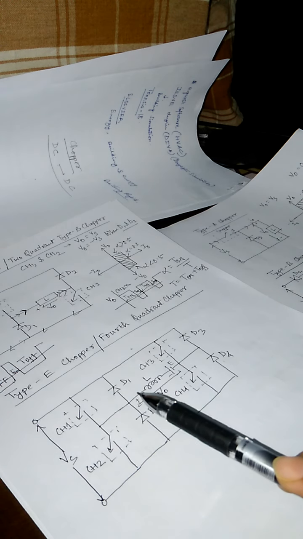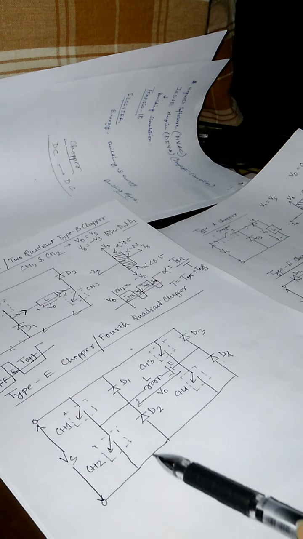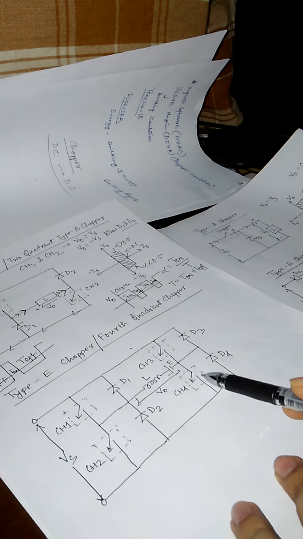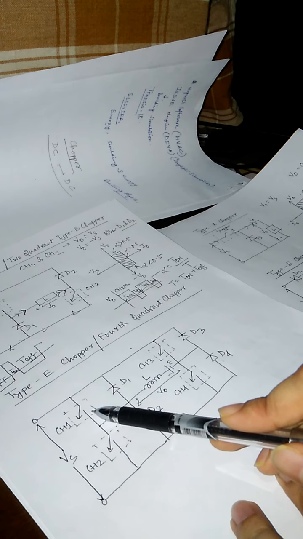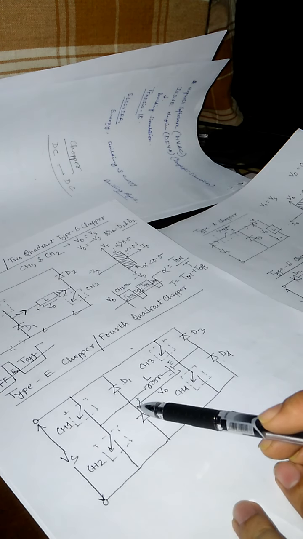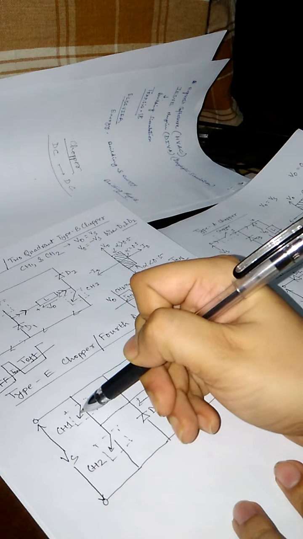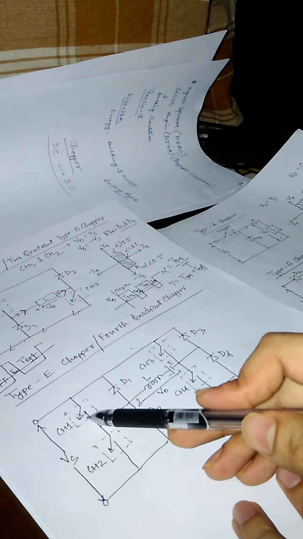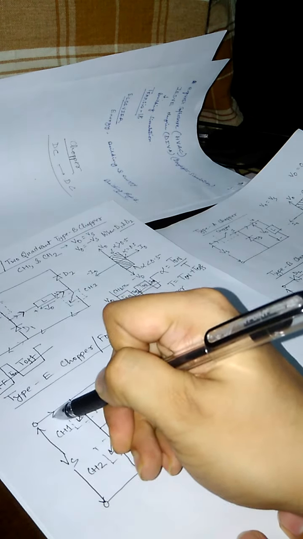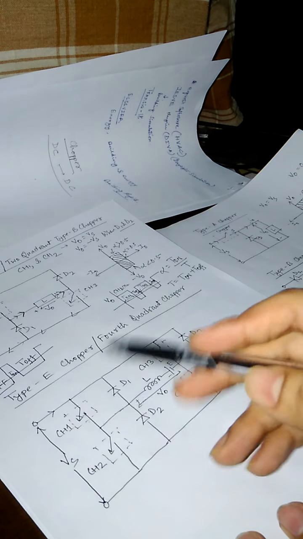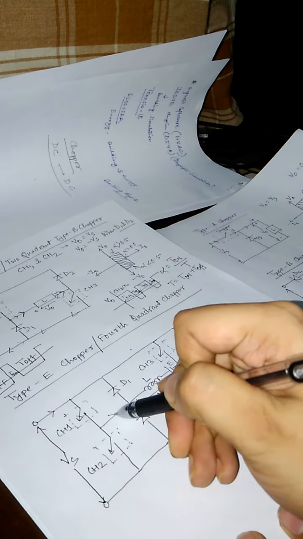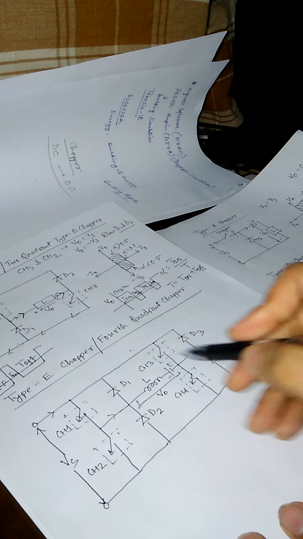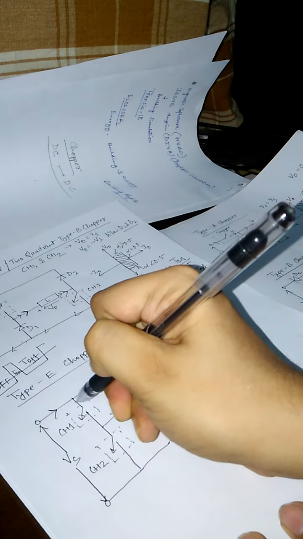Suppose we are considering the first quadrant. What will happen? In the first quadrant, the CH4 chopper is on and CH1 is operated, the others are in non-operating mode. So when CH1 is operated, that means this part is going to close, and current flows from the source side through CH1, and CH4 is also on, so the current flows through this part.